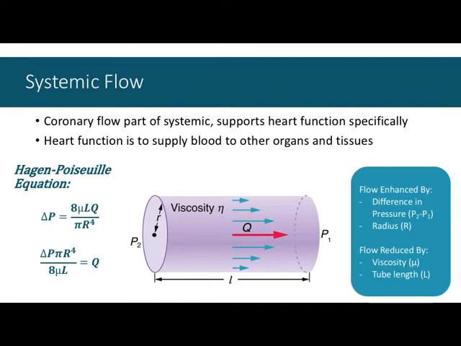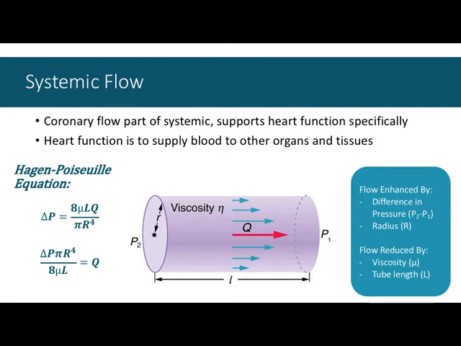Flow will be enhanced by really two factors. If there's a large pressure difference across the system, if we have one tube, it's from the beginning to the end of that tube. If we're looking at the whole body, it's from ejection of blood at the heart, right as we enter the aorta, to the return of blood in the right atrium.